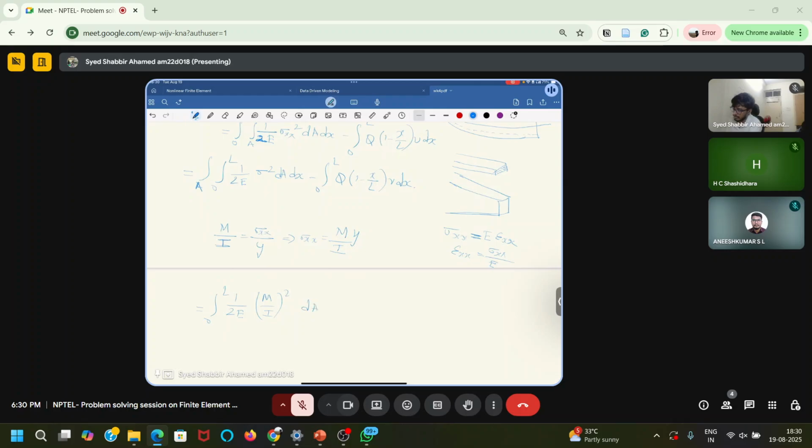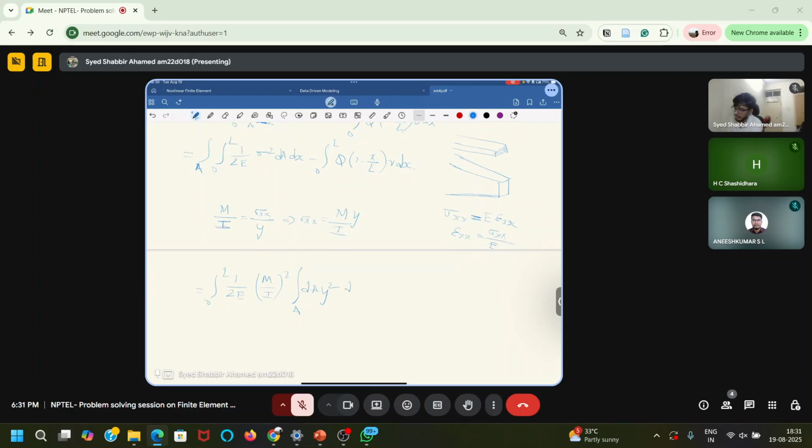Now I can take out this area integral separately like this, and I have done the replacement, and this will remain the same.